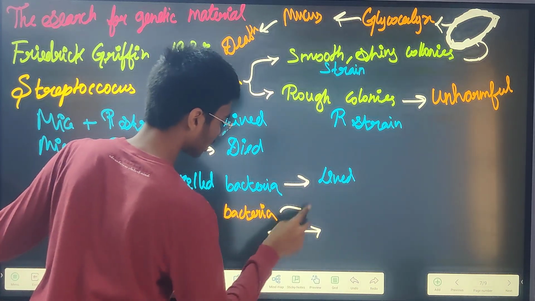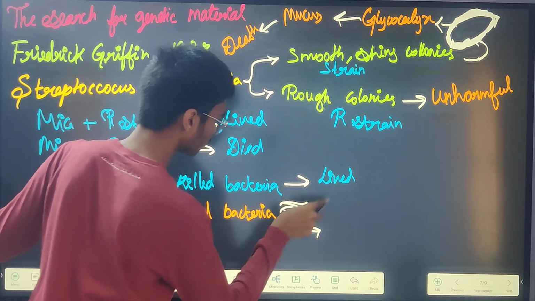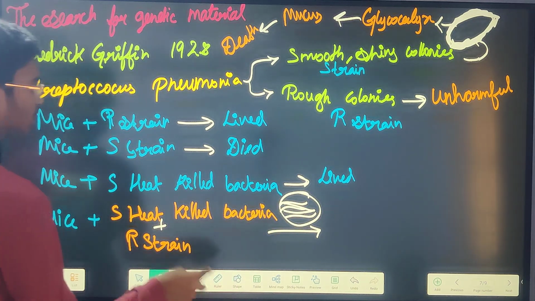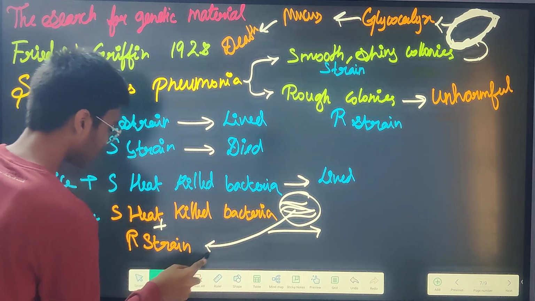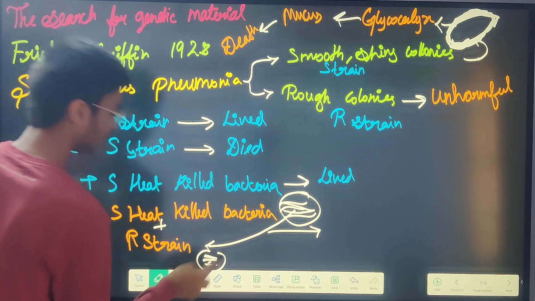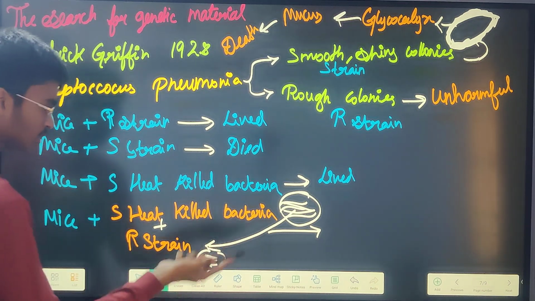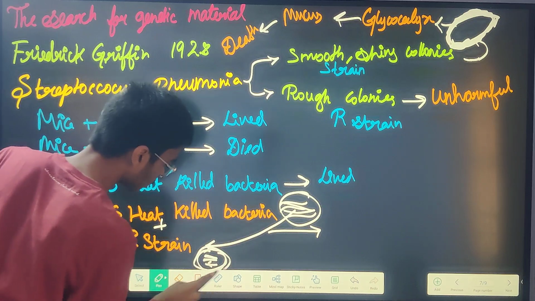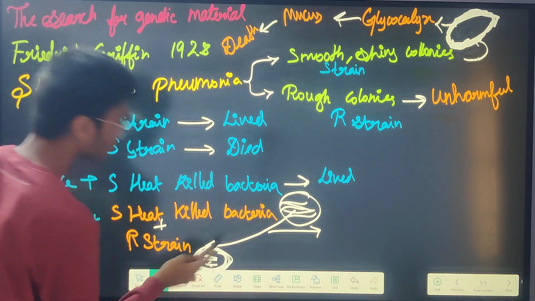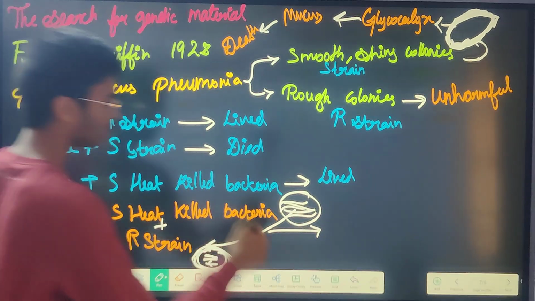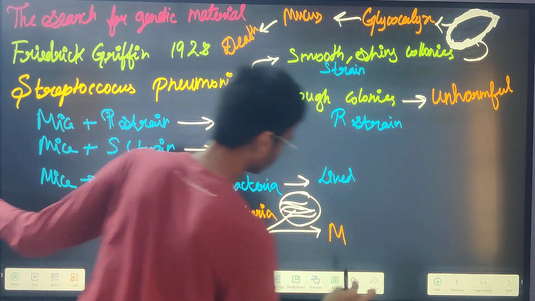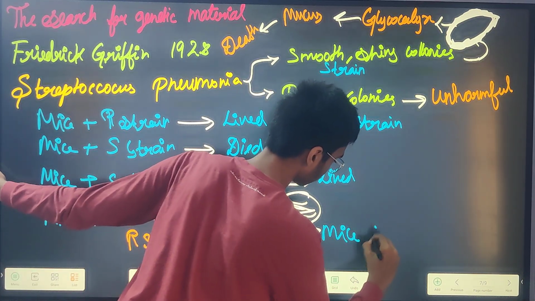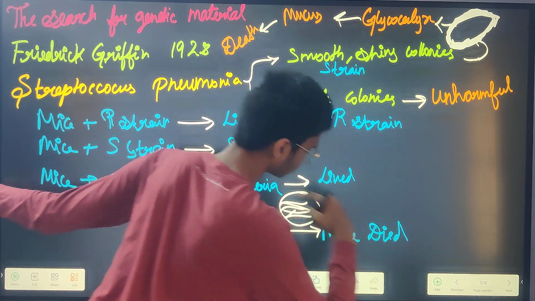The genetic material in the cell of the heat killed bacteria had got transformed into the R strain bacteria. Since it got that particular DNA, that genetic material, this bacteria started to develop that mucus, and because of that the mice died.